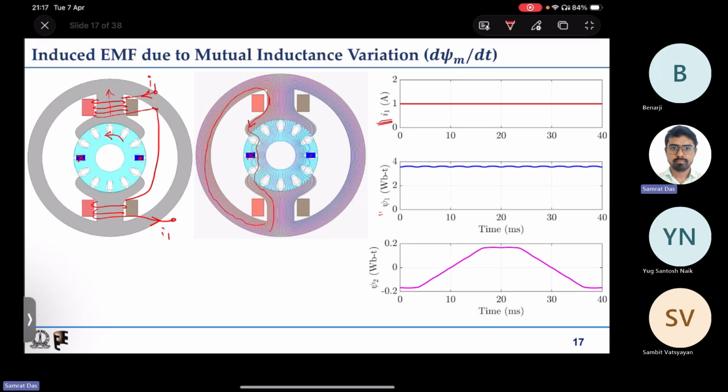This is a convention. If this is dot and cross, some current is flowing, then there will be some flux linkage. Flux linkage can be positive or negative. So if we leave this open, which flux linkage shall we tell as positive and which as negative?